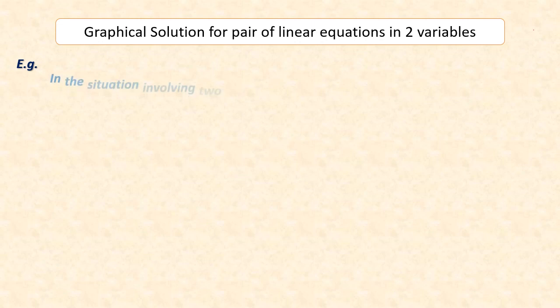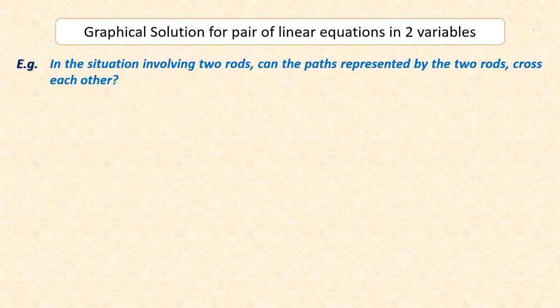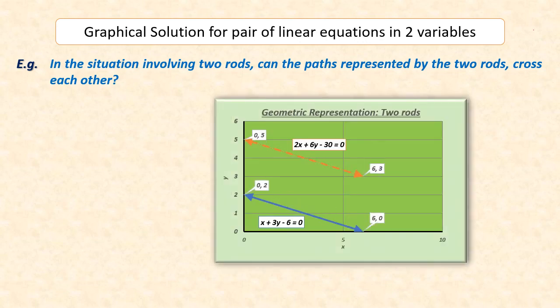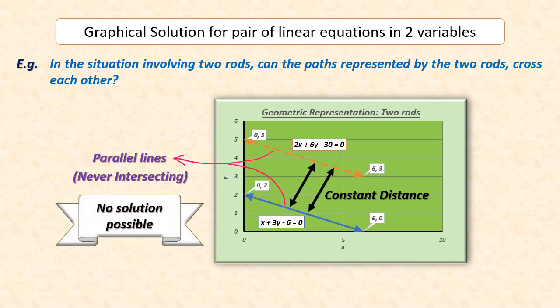In the situation involving two rods, can the paths represented by the two rods cross each other? Looking at the graph, we recall the situation geometrically represented as shown. It is very clear that the pair of rods represented by the straight lines have parallel paths. Hence, they do not cross each other. And, since they do not cross each other, they don't have a common solution.